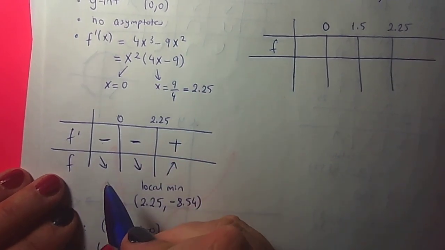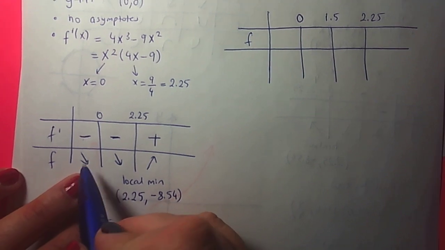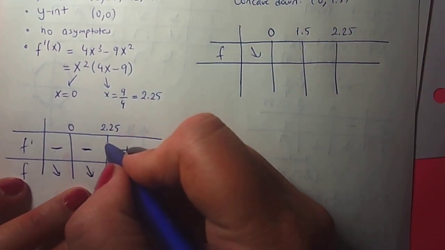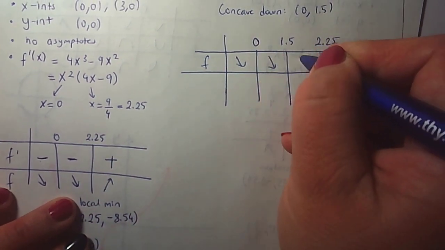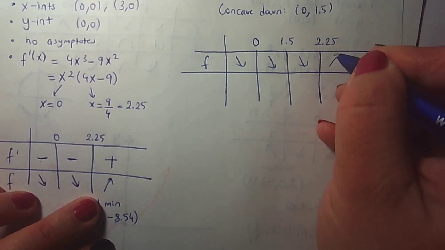Okay, let's look at the first derivative table first. Between negative infinity and 0, f is decreasing. Between 0 and 2.25, it is still decreasing. And when x is greater than 2.25, it is increasing.